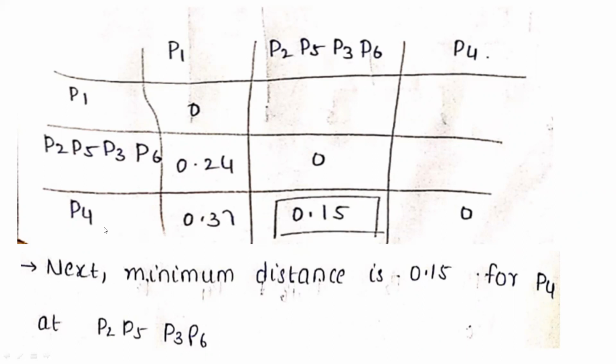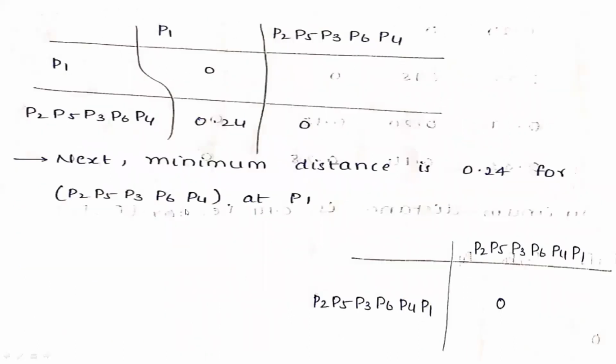So again, you need to merge these 5 data points in a single cluster, so that the resulting matrix would be like this. And after all this, 0.24 is the minimum value which we got in this matrix, so that P2, P5, P3, P6, P4, after all P1, this is the cluster we formed.